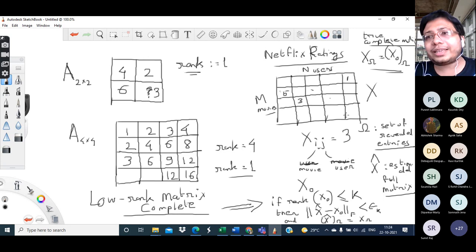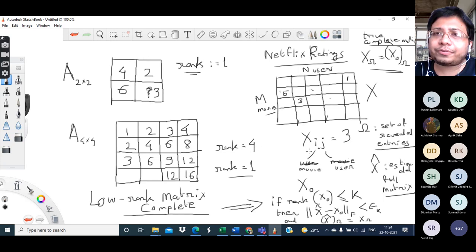Now, why would I think that this matrix is low rank? In this case, I told you that this matrix has rank 1, then only you are able to solve it. In this case also the same thing. So here, of course, what is the reason to think that this matrix will be low rank?